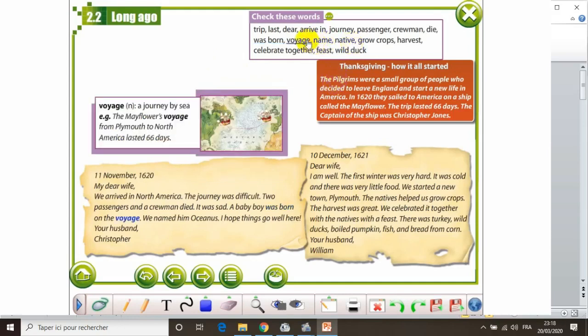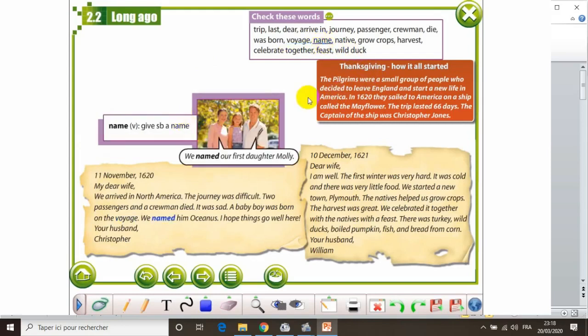Voyage. A journey by sea. The Mayflower's voyage from Plymouth to North America lasted 66 days. A journey by sea is called a voyage. Name, somebody's name. His name is Ahmed, her name is Fatima, his name is, I don't know, Rashid or John.